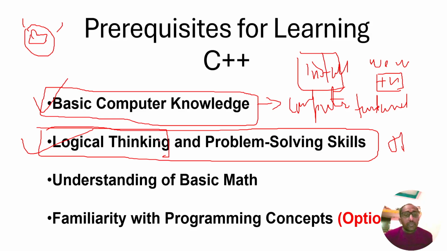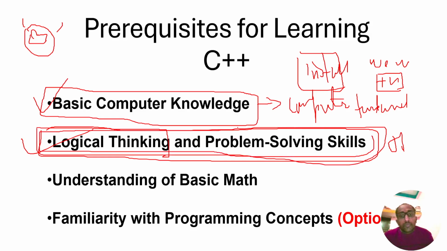We must know the skills of logical thinking for problem solving. Why do we use these points? Because during program writing, we must know the logic, how we can solve the problems in programming languages.